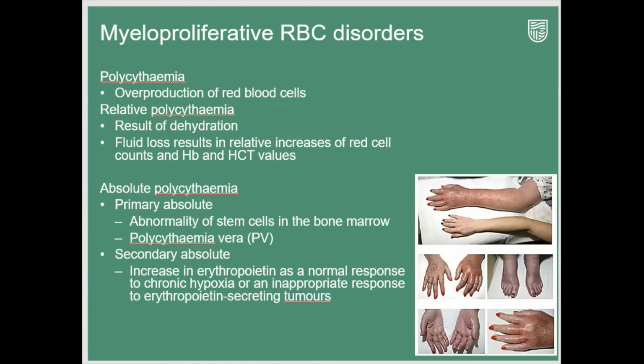Neoplasms can also cause secretion of erythropoietin, and that can cause polycythemia. Kidney disease, renal cysts can obstruct blood flow and cause hypoxia and cause an increase in erythropoietin as well. Treatment for the secondary polycythemia focuses on relieving hypoxia. So a continuous low oxygen therapy can be given.